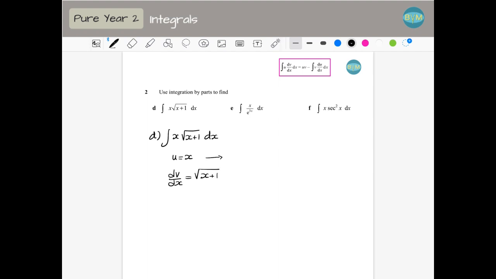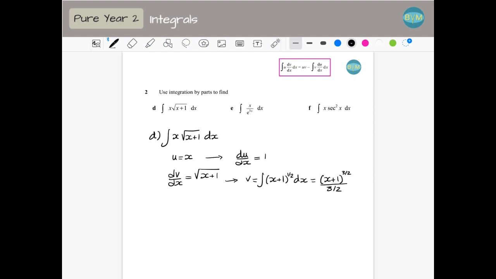So I differentiate this one, so du by dx is 1, and I integrate this one. So v is the integral of (x plus 1) to the power of 1/2 dx, which is x plus 1 to the power of 3/2, divided by the new exponent, 3/2.